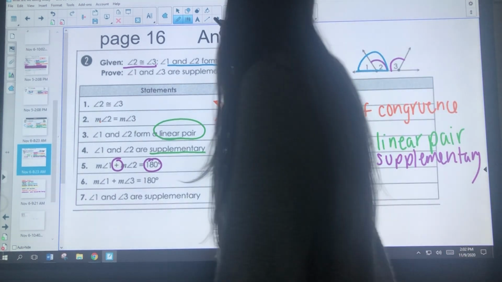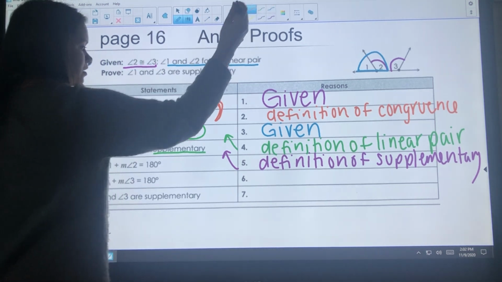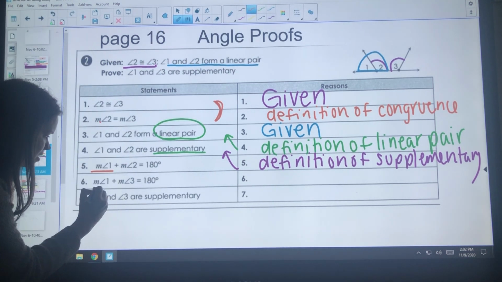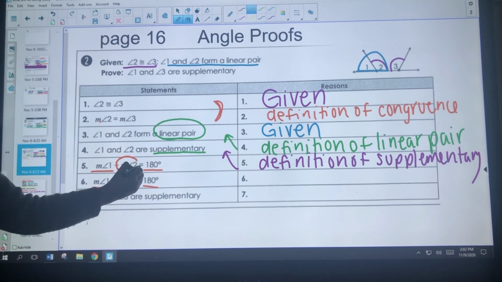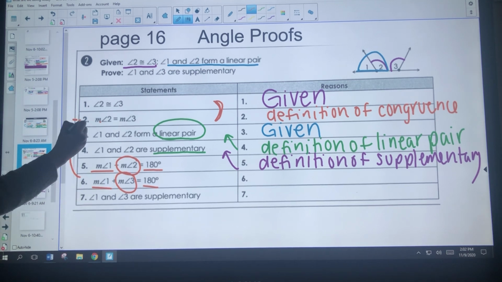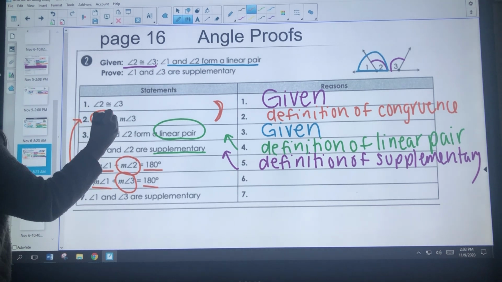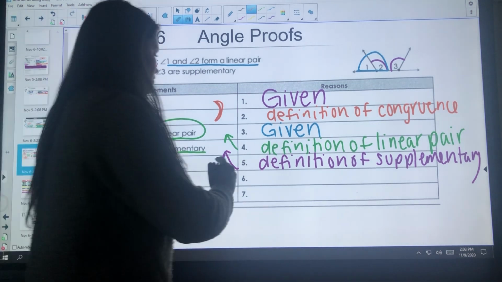All right, this last one is not as simple. Compare row 5 and 6. That stayed the same, that stayed the same. Why are they allowed to replace 2 and 3? All the way back here on row 2, they said that 2 was equal to 3. If two things are equal, they can be substituted for each other.